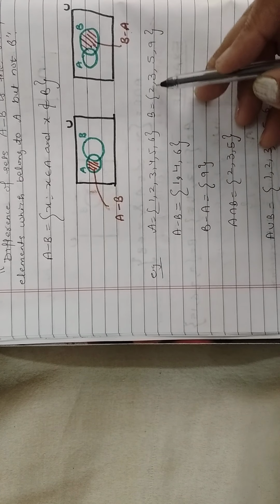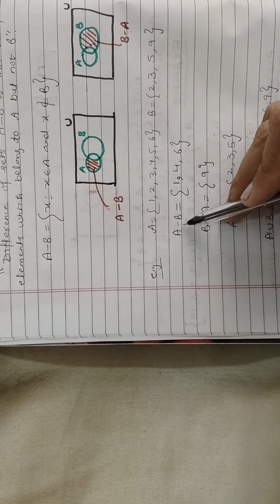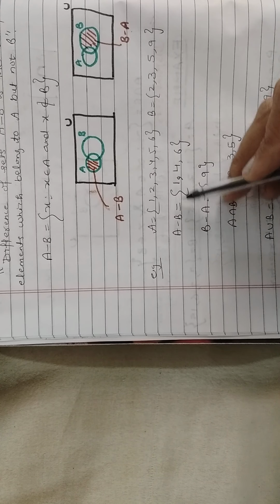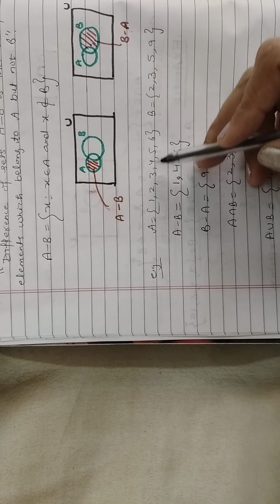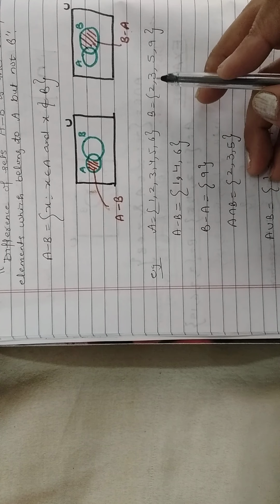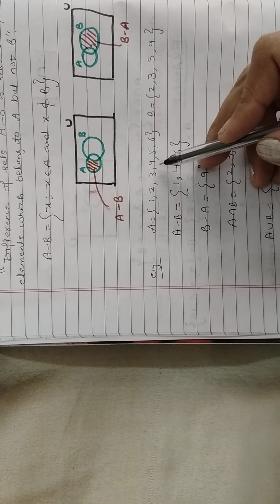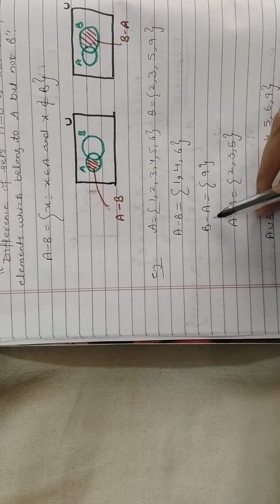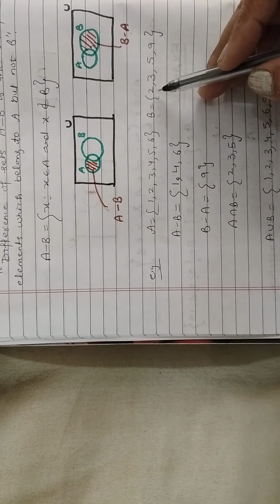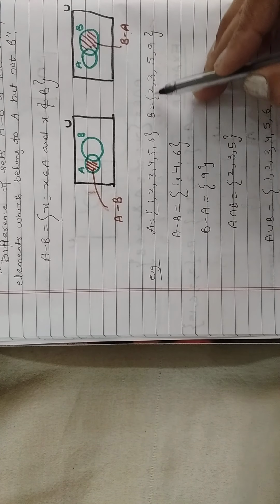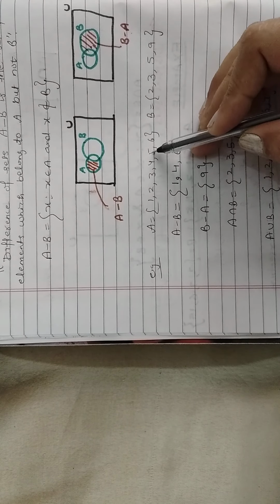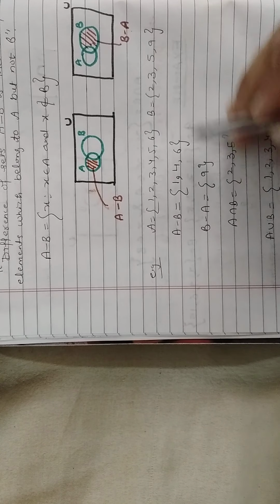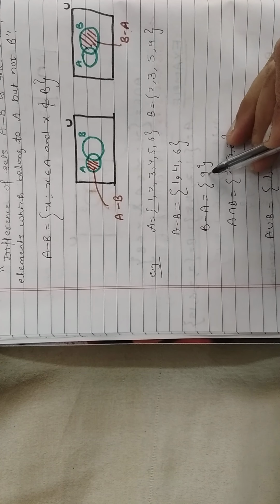Example: suppose this is A, this is B, and we want to find A minus B. Subtract B from A. 2, 3 are in A, so subtract 2, 3, and what is left? 1, 4, 6. And for B minus A, 2, 3, 5 are in both A and B, so B minus A is only 9.